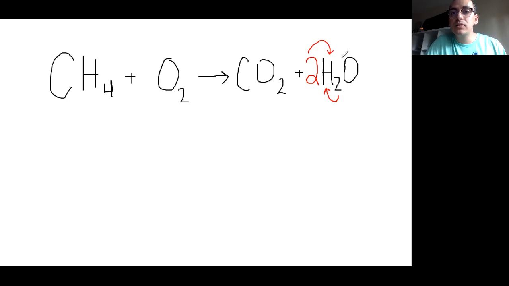The reason why it also affects oxygen is because we've got a water molecule, and that travels together. If you want double the hydrogens, what you're going to have to do is double the amount of water molecules.